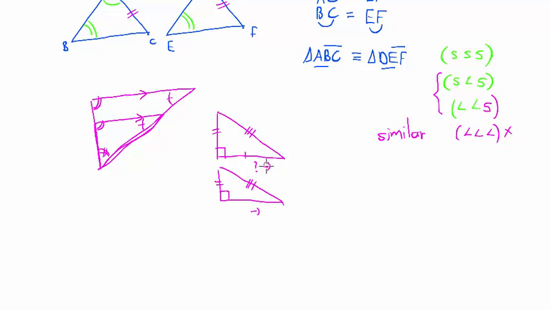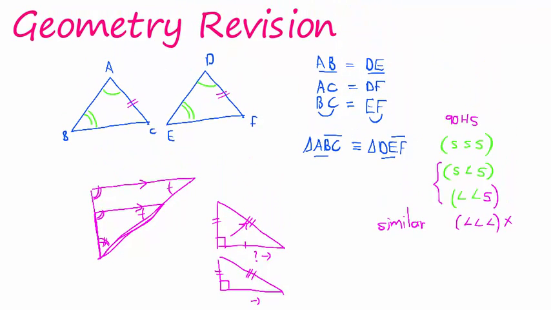And Pythagoras will give for both of them the same answer because the other two sides are the same. So in a 90-degree triangle, there is a special one where if I have the 90 degrees, the hypotenuse, which is now that one, the one opposite the 90 degrees, and any other side, then I also know that these two triangles would be congruent. Okay, so let's go and look at some of the grade 12 theorems.